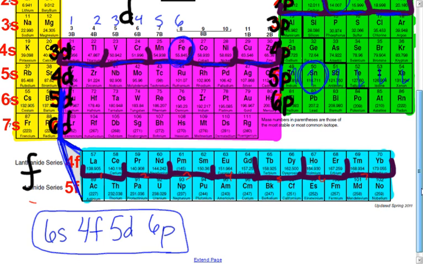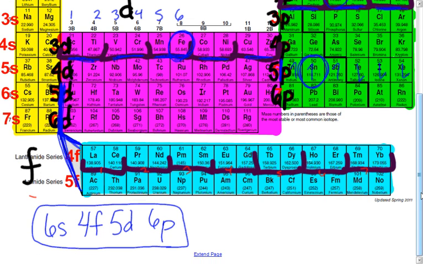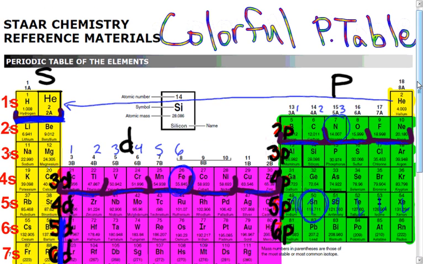And for F, we're going to have 7. If you want to put a little reminder at the top of your periodic table, you can put S1, P3, D5, F7. That's how many orbitals you're going to draw, which are your little dashes.